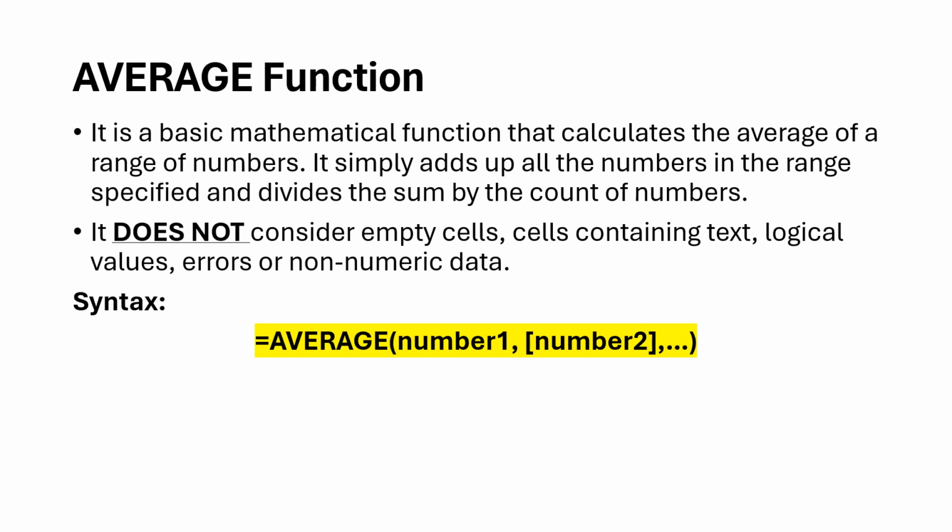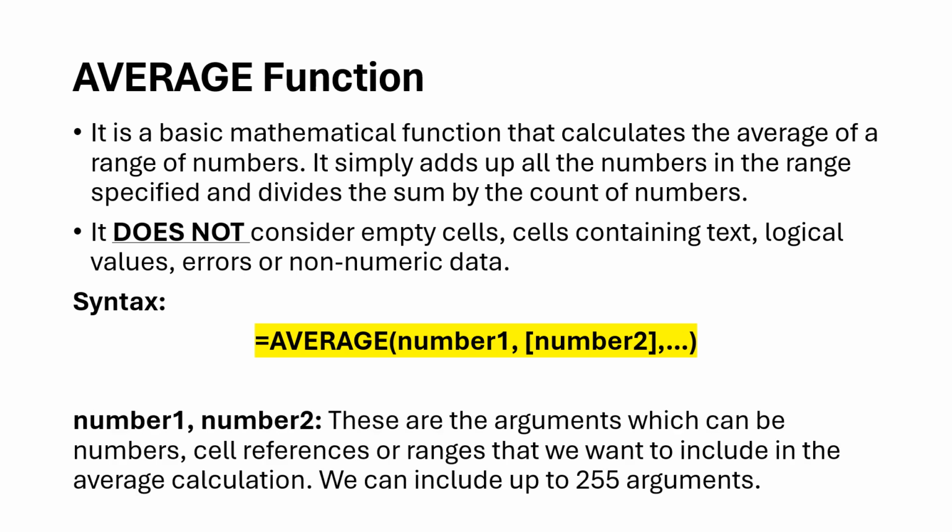These number 1 and number 2 are basically the arguments, which can be numbers, cell references, or ranges that we want to include in the average calculation. We can include up to 255 arguments.